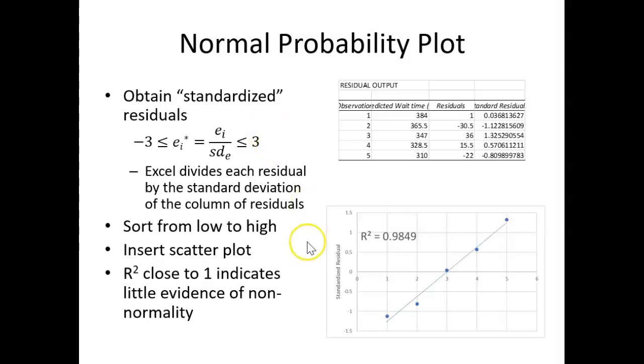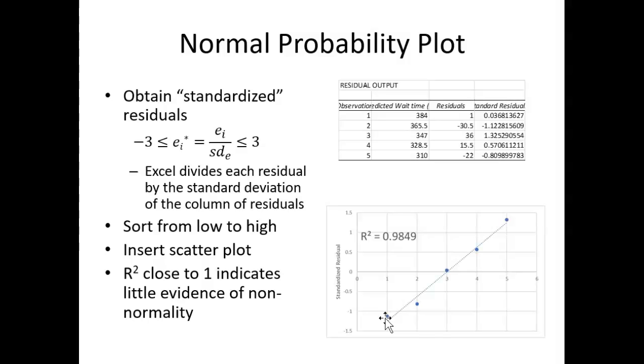To find the normal probability plot, you sort these numbers from low to high and then insert a scatter plot into your output. So I sorted this last column from lowest to highest. The lowest number is -1.12, and there you see that dot.